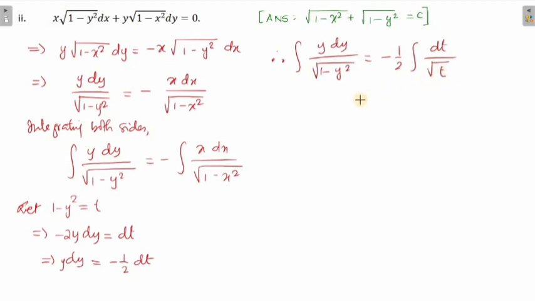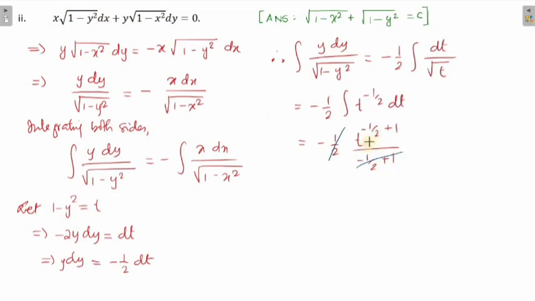So basically this is how much? This is minus half integral t to the power minus half dt, right? So all of you know this is minus half t to the power minus half plus 1 divided by minus half plus 1. Now minus half plus 1 is half. This entire thing is half. So this half and half get cancelled.